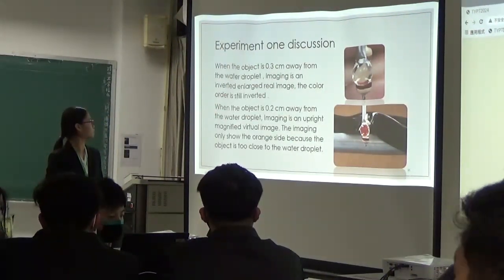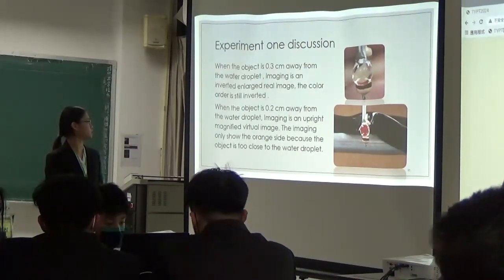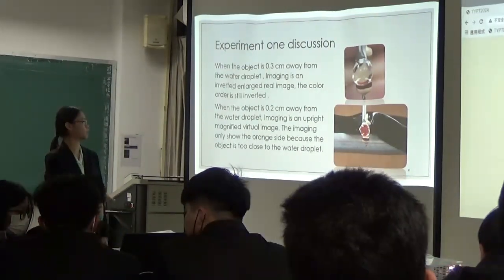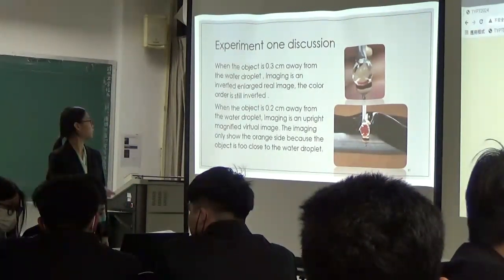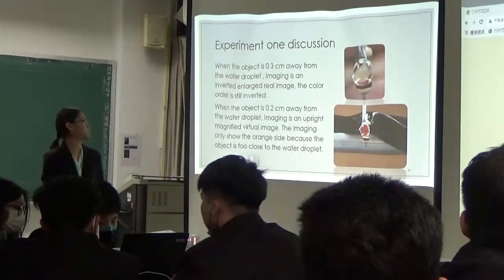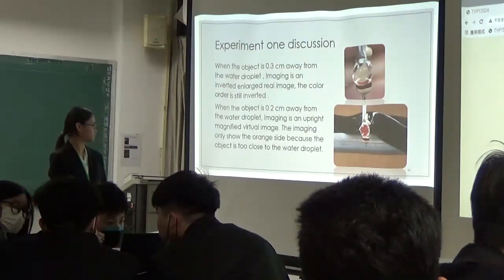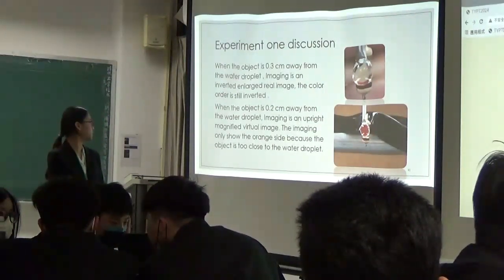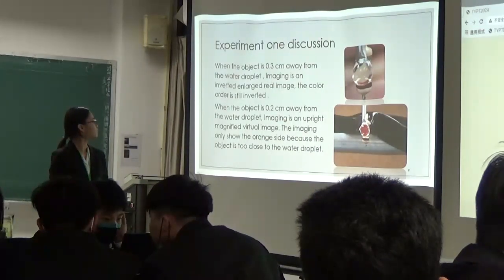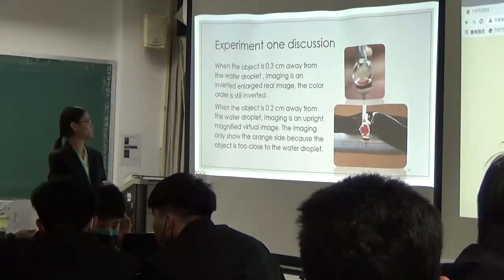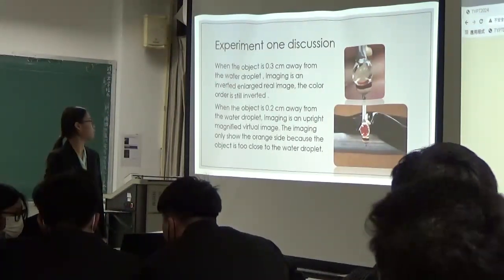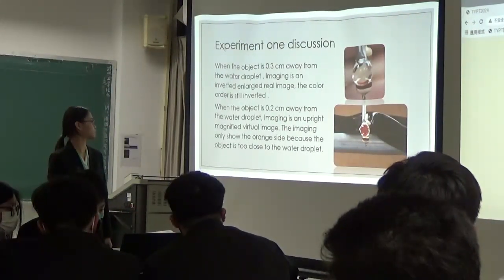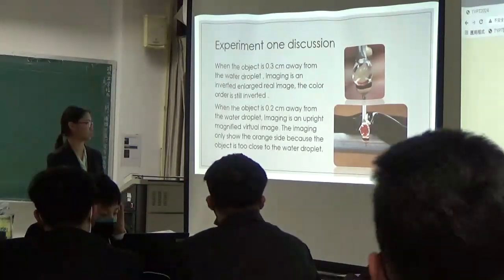The color order is still inverted. But when the object is 0.2 centimeter away from the water droplet, imaging is an upright, magnified, brighter image. The imaging only shows the orange side because the object is too close to the water droplet.